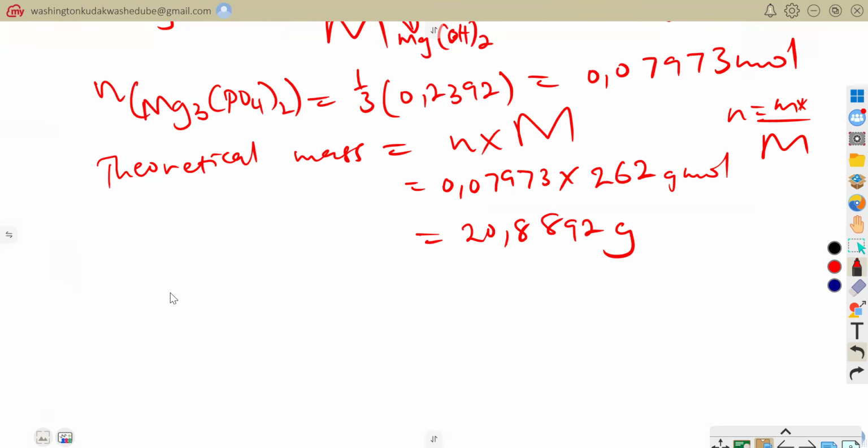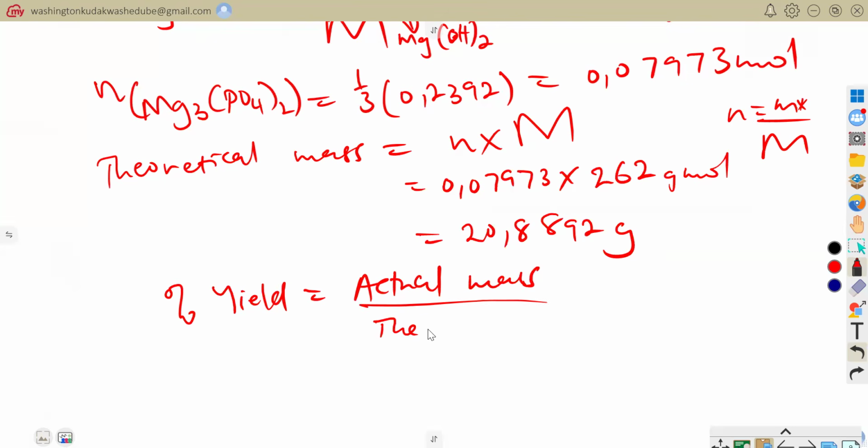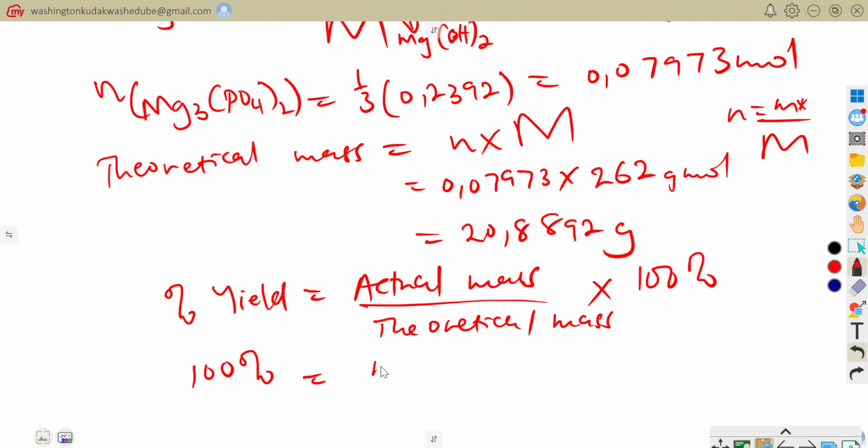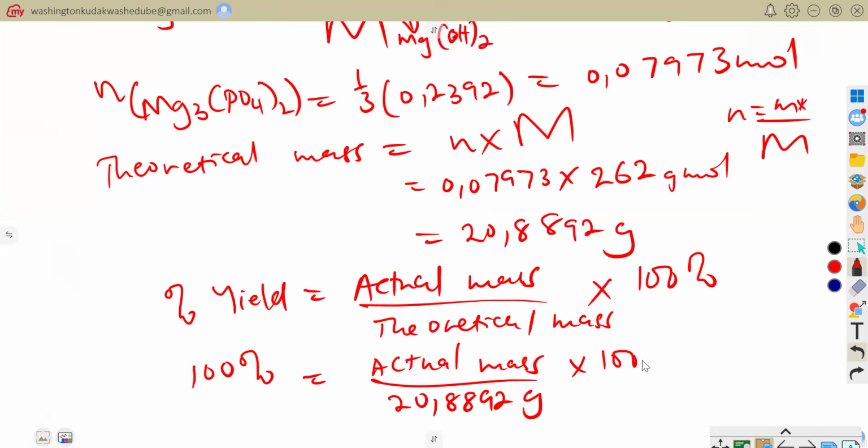But I know that percentage yield is given by actual mass produced all over theoretical mass times 100%. So if my yield is 100%, on this side I've got an actual mass, and my theoretical mass here is 20.8892 grams, and this side times 100.